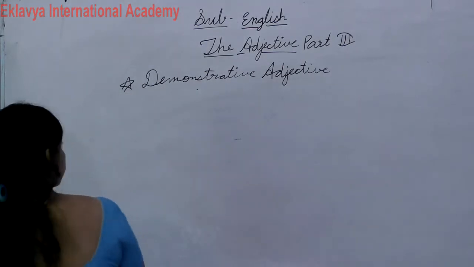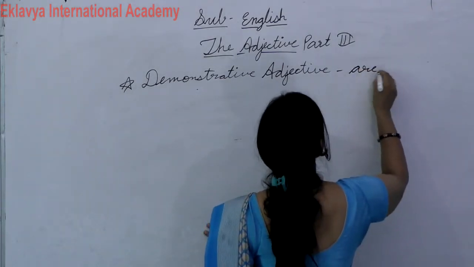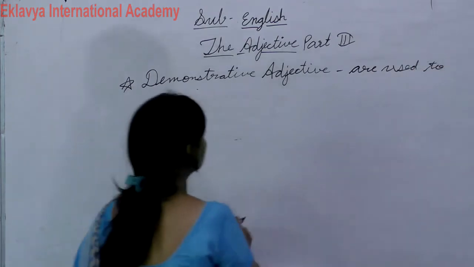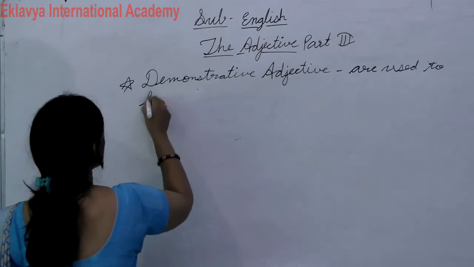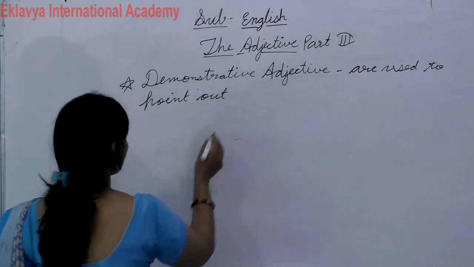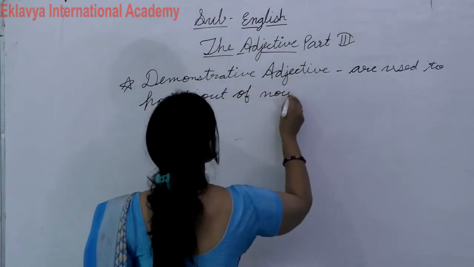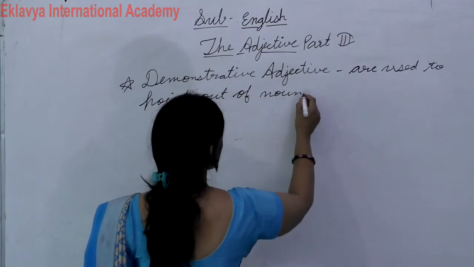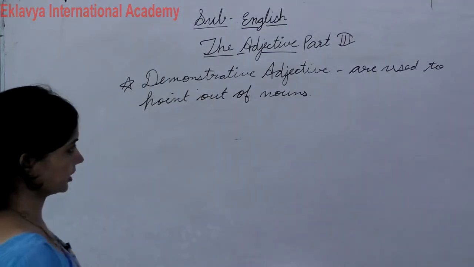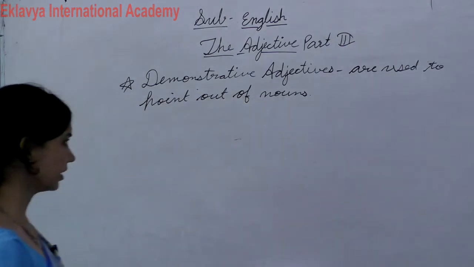Demonstrative adjectives are used to point out a noun.